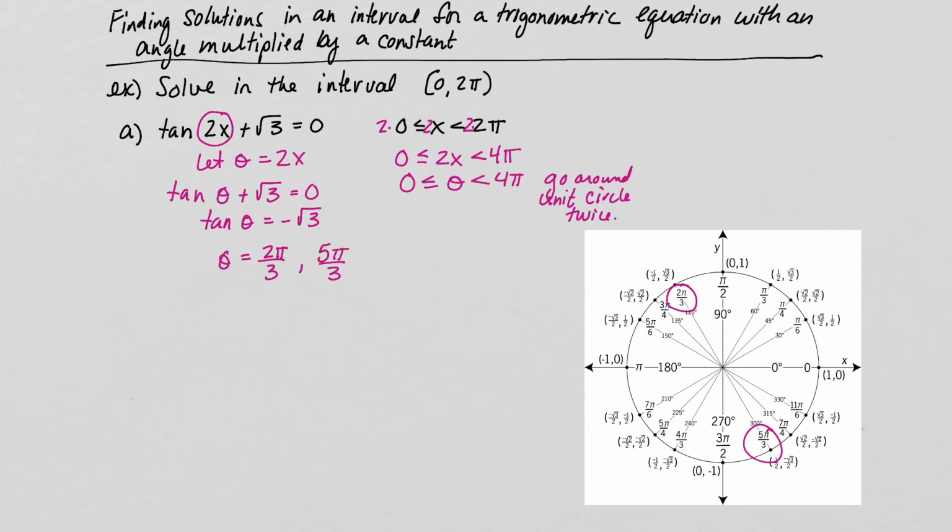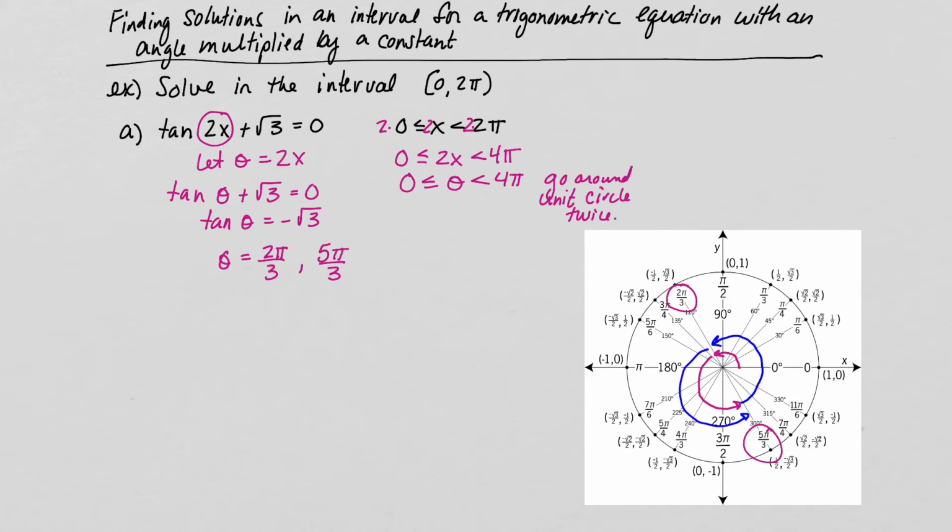But there's two more answers I need, because remember, we have to go around the circle twice. So that's just going around on my first go around, right? First time I stop here, then we kept going and we stopped here. Now on the second go around, we're basically going to go and stop here, and then we're going to go again and stop here.